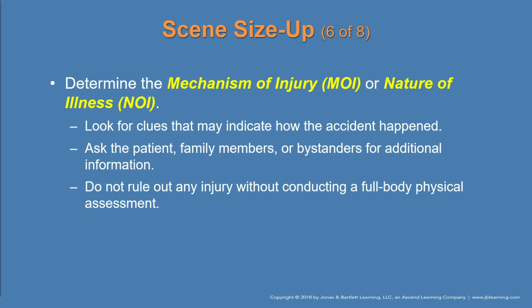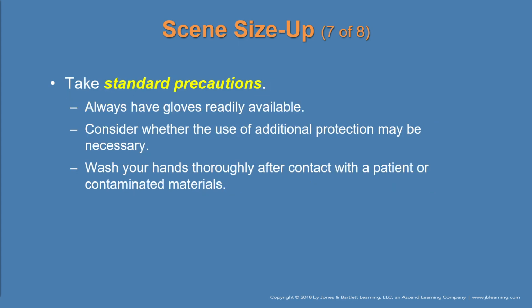And so the mechanism of injury doesn't determine what we are going to do. We don't treat based on the mechanism of injury. We allow the mechanism of injury to raise our index of suspicion for certain complaints while we're doing a thorough assessment. And that's really the meat and potatoes of this slide.